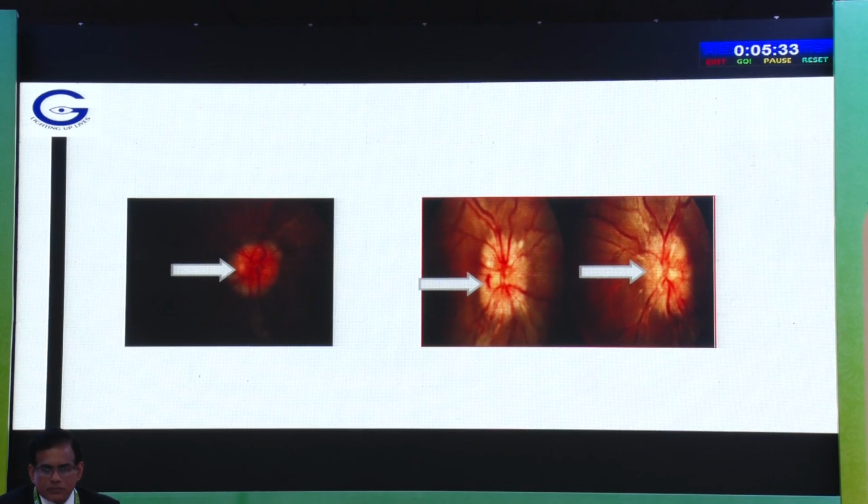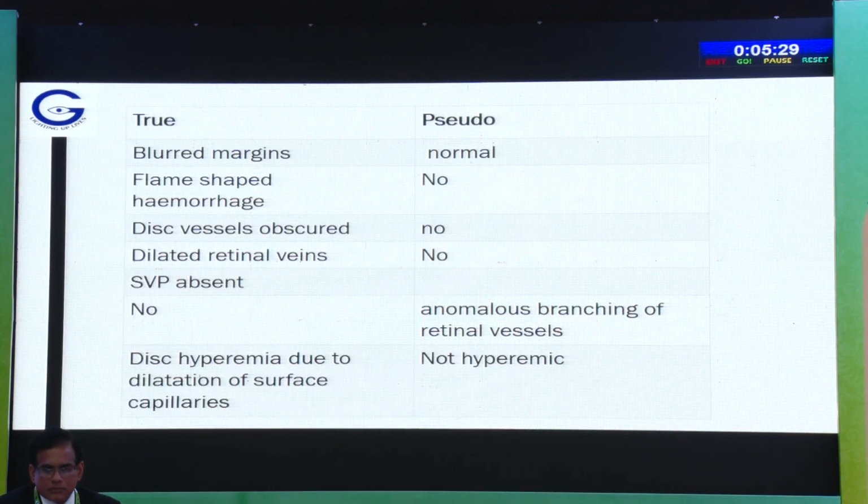These things are suggestive of true disc edema. So the blurred margins, flame-shaped hemorrhages, disc vessel obscuration, dilated retinal veins, and disc hyperemia all point towards true disc edema.